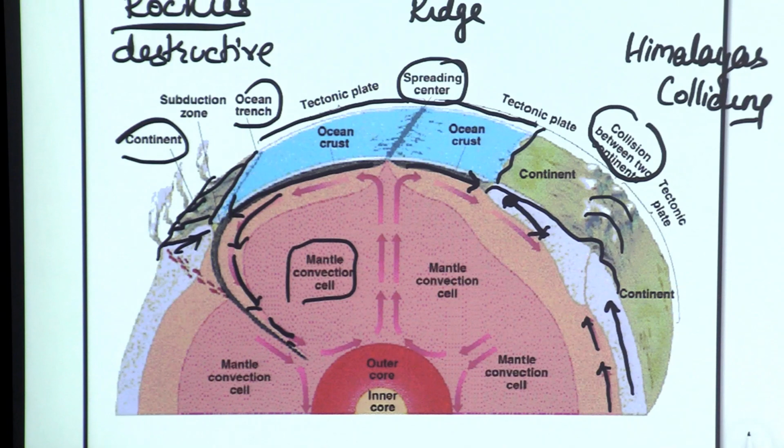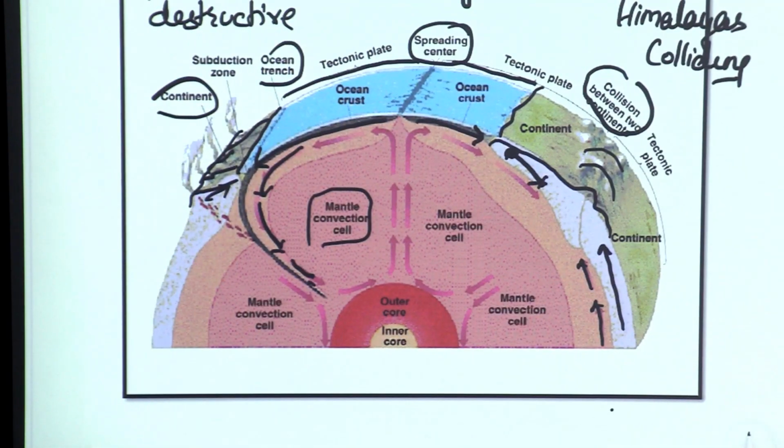What is the difference? The difference is, if the converging boundary is colliding, it is distinguished from the converging boundary that is destructive.